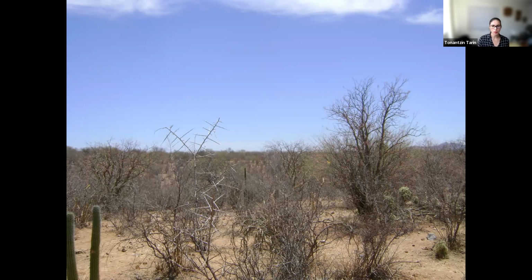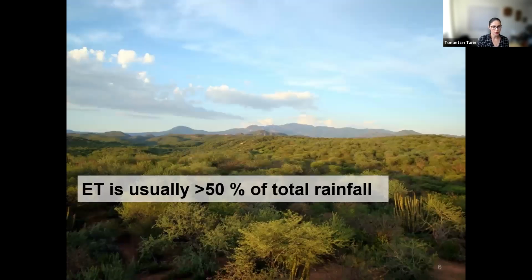We also know that the global drylands dominate the interannual variability of carbon sequestration, and they play a major role in the carbon cycle. In many semi-arid regions, such as the northwest of Mexico, evapotranspiration is the second largest component of the hydrological cycle after rainfall.